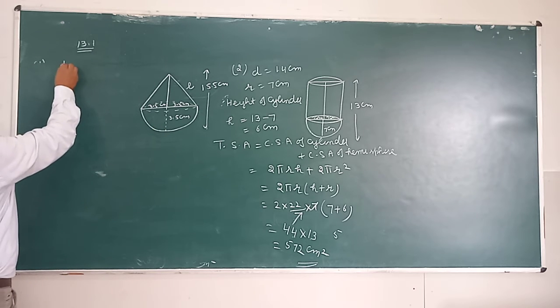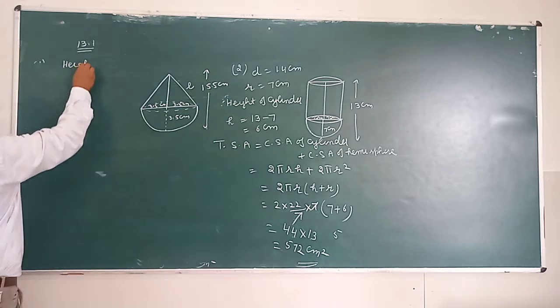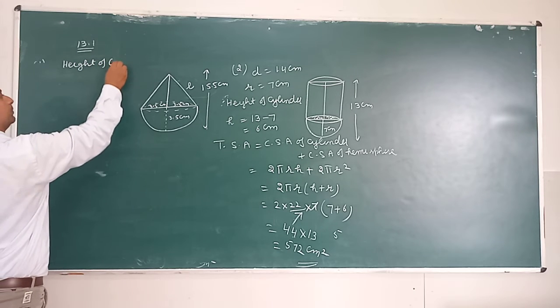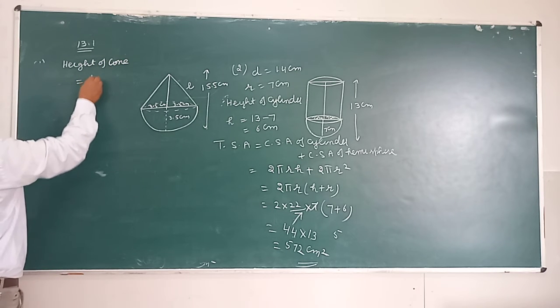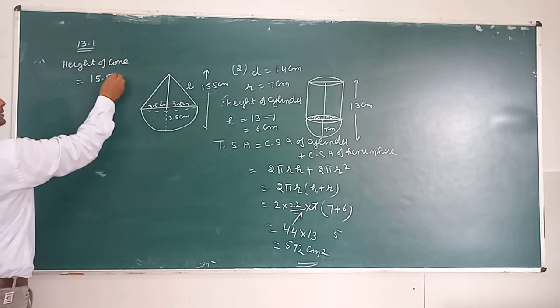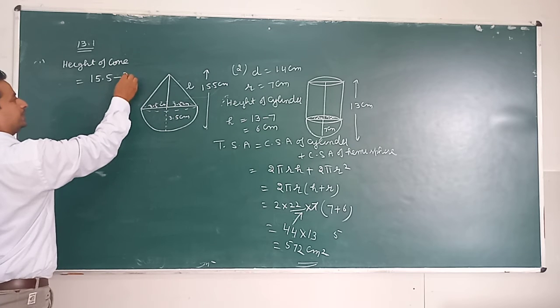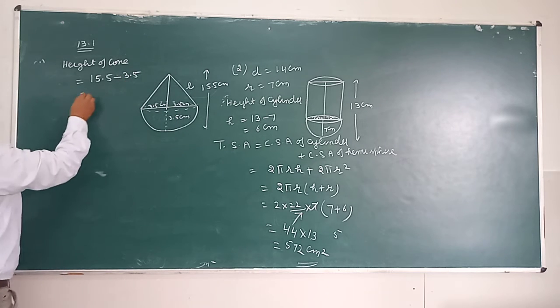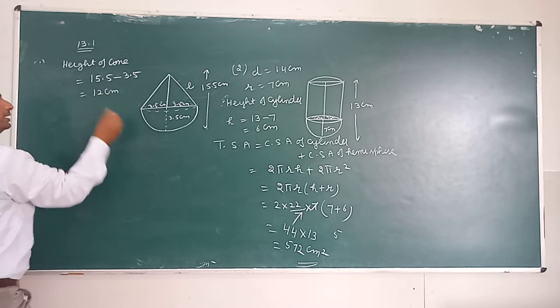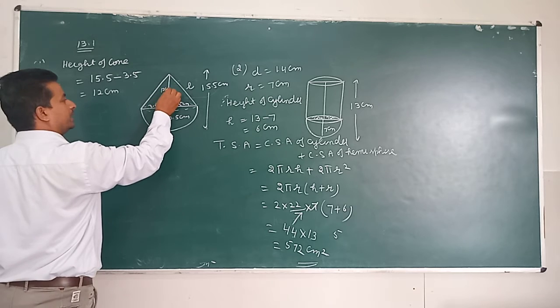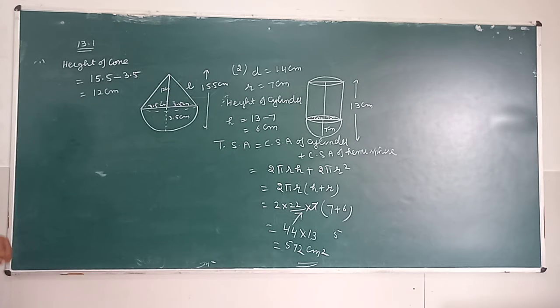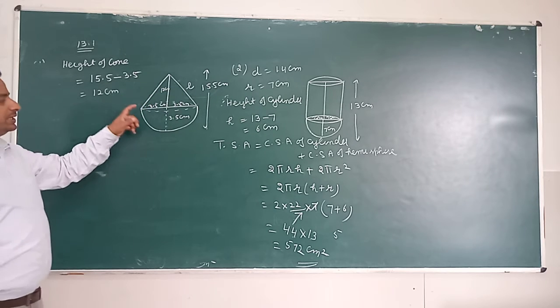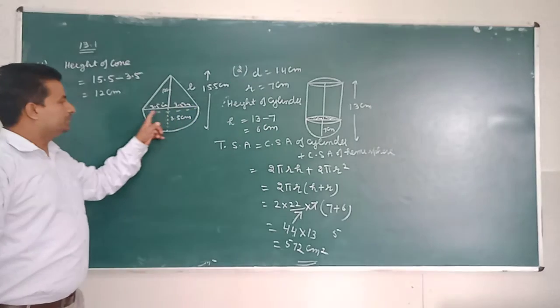First of all, we find the height of conical portion. Height of cone, which is total height minus this radius 3.5. So its height is 12. This means this is 12 centimeter. As we know, for total surface area, we do not include this.